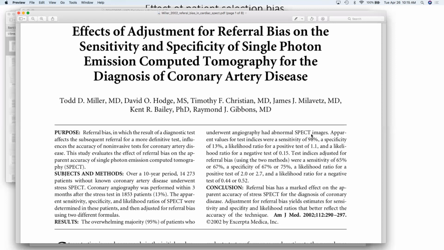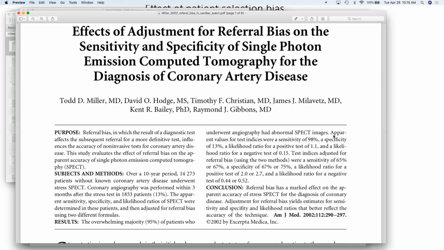Because you're only looking at people who, for whatever reason, went to coronary angiography. There will be other reasons why those people went into that bucket, like the head clutching pain, or they are of a certain age or whatever, not just based on the SPECT result, right?